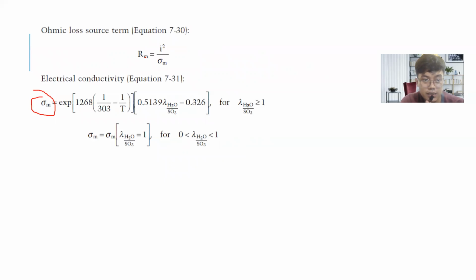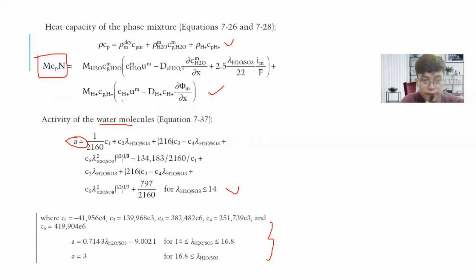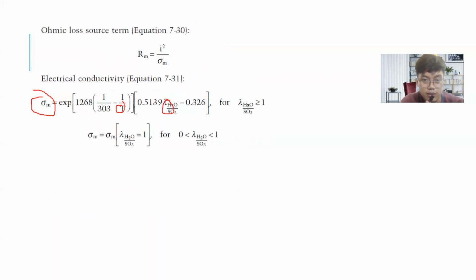Sigma is electrical conductivity. Sigma is a function of temperature and also a function of water uptake. We have two equations for electrical conductivity. For a water uptake below 1, we have to use this equation, and for bigger than 1, we have to use the first equation.